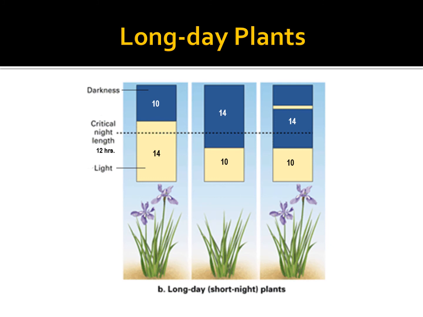And then finally in the column over to the right, we have the critical night length at 12 hours, and we have a dark period that is longer than 12 hours. So really the plant shouldn't flower, but what happened is there was a period of light that interrupted the dark period.